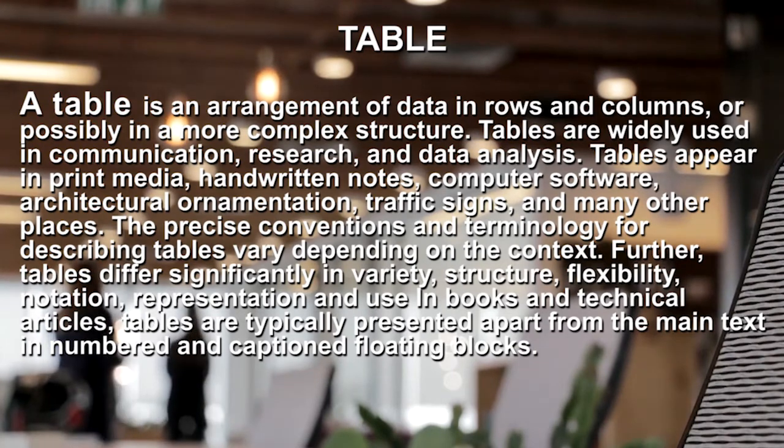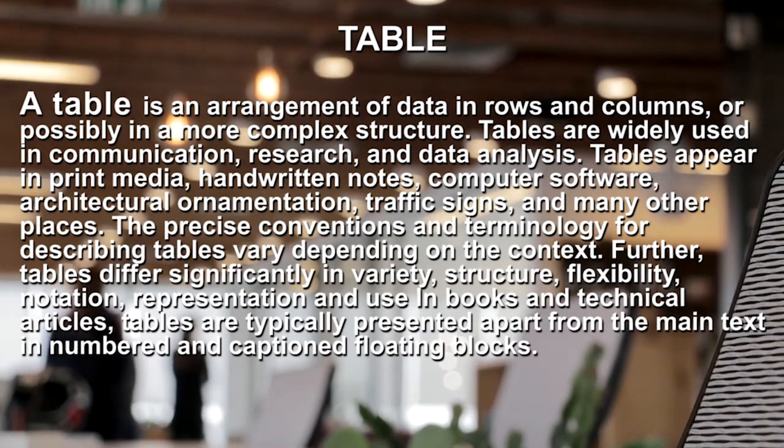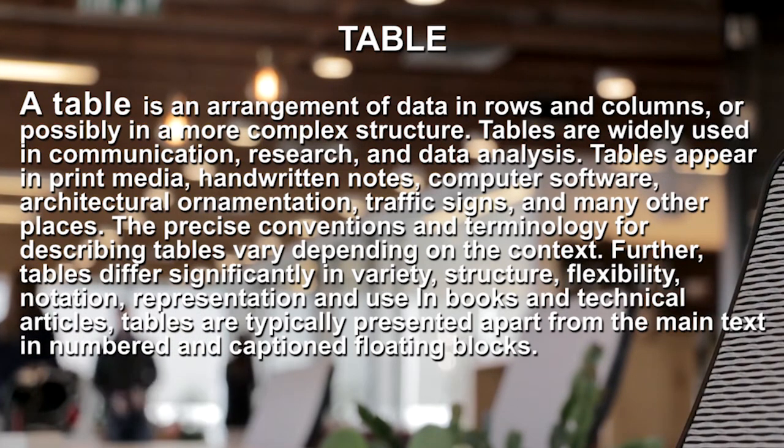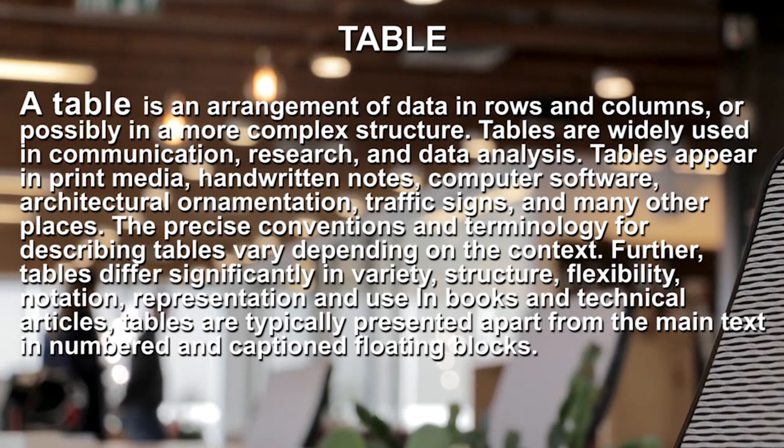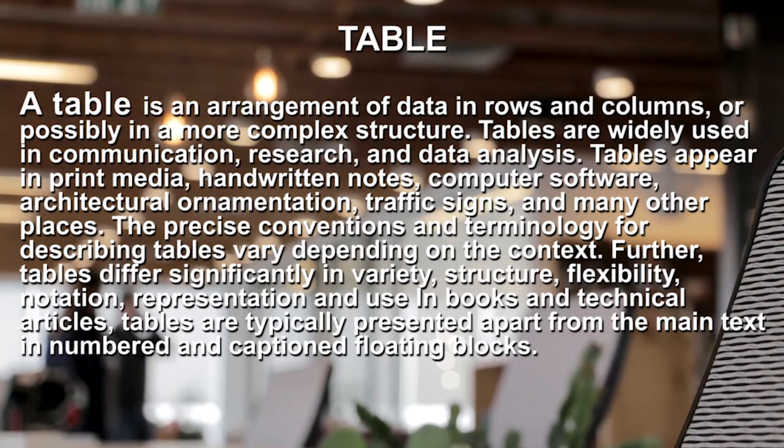The precise convention and terminology for describing tables vary depending on the context. Further, tables differ significantly in variety, structure, flexibility, notation, representation, and use in books and technical articles.